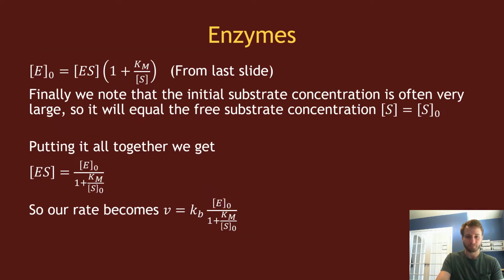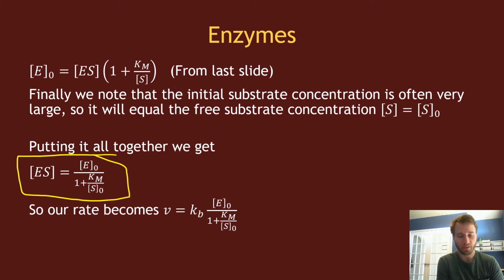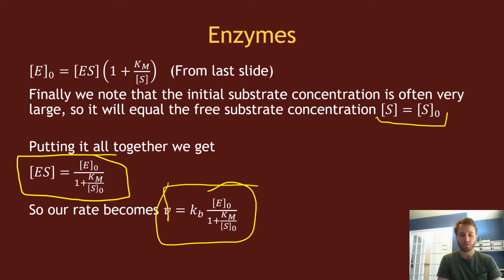Okay, and so rearranging that, we can write the concentration of the enzyme substrate in terms of the initial enzyme and this Km. And then what we're going to do is say that the substrate, there's lots of it, so its concentration is basically the initial concentration, and so we have something like this, okay, and so then our rate law just becomes this expression here.